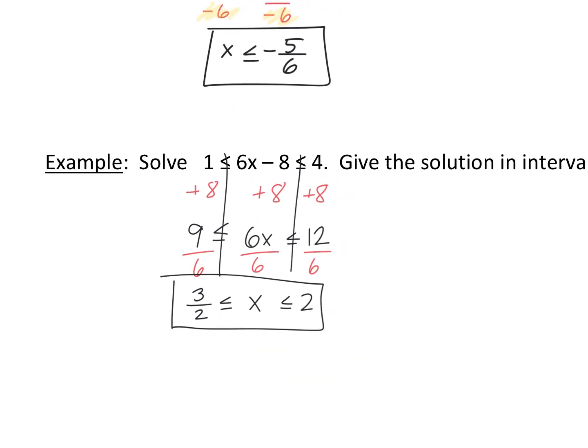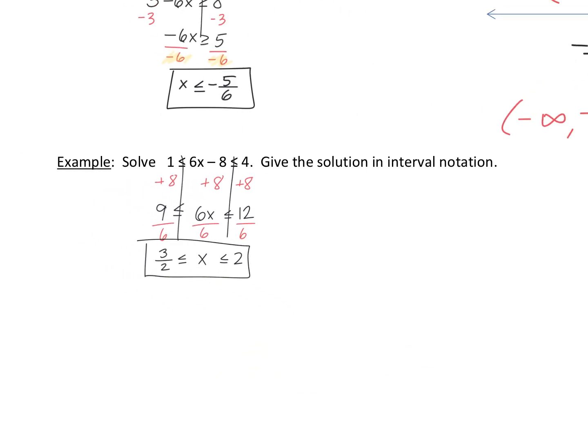When we go to graph this and inequality, because this is one thing, it's saying x is in between 3 halves and 2. So I go and make my little number line. I say, okay, 3 halves, 2. They're both going to be closed circles, but it's saying that x is in between those, and so you make like a barbell, okay?